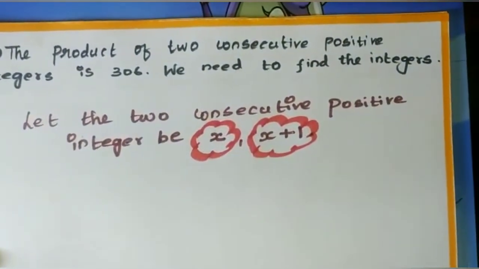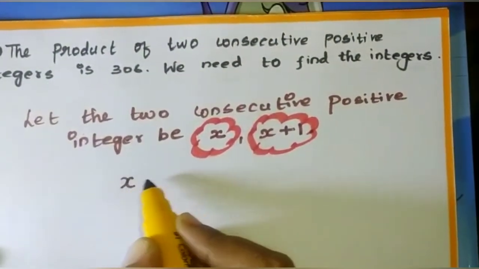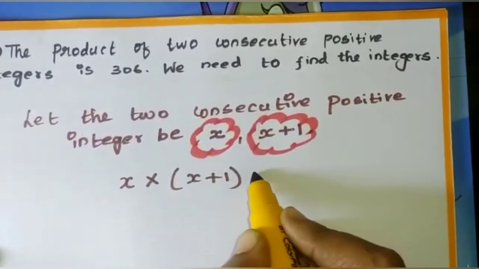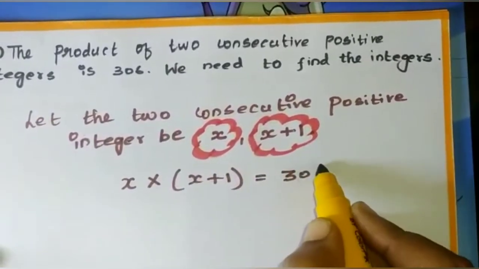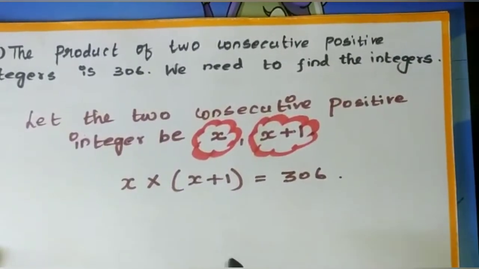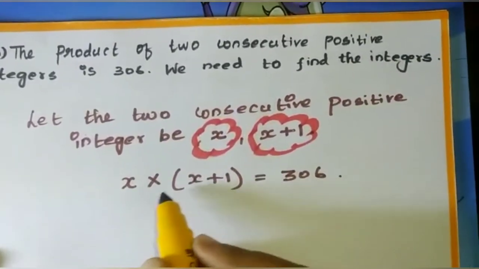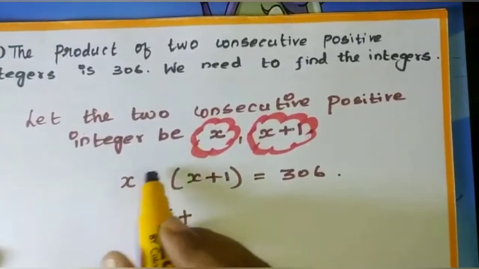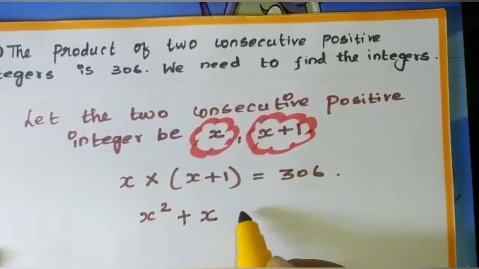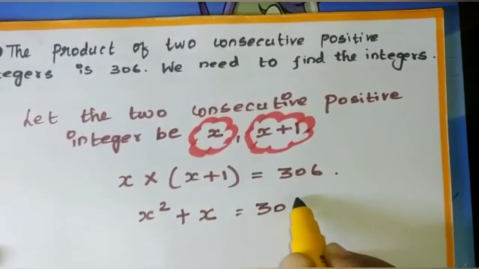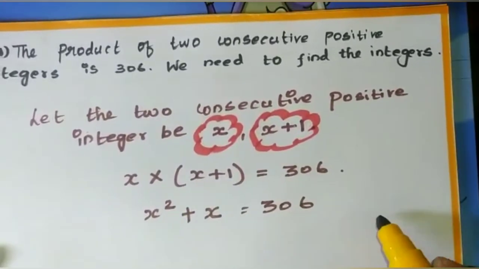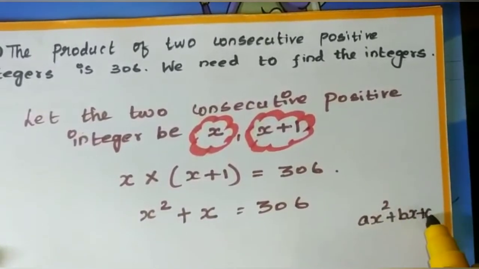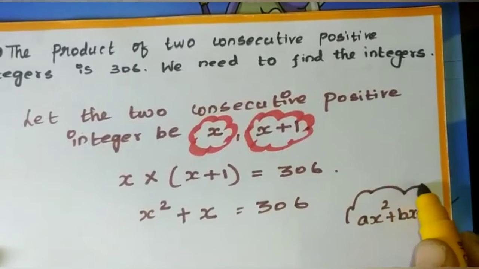Okay, so the product, you have to multiply x into x plus 1 is equal to 306. So x into x is x square plus x into 1 is x, is equal to 306. So you have to write in the form of ax square plus bx plus c is equal to 0.